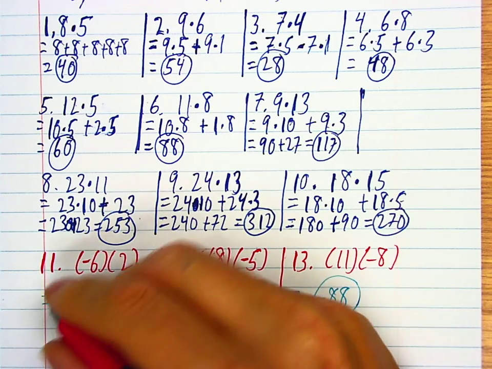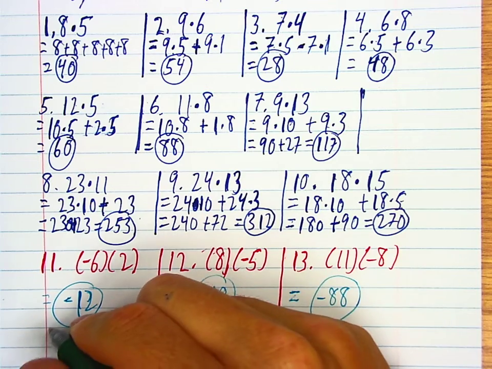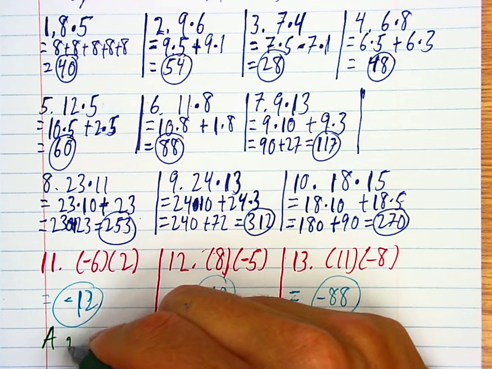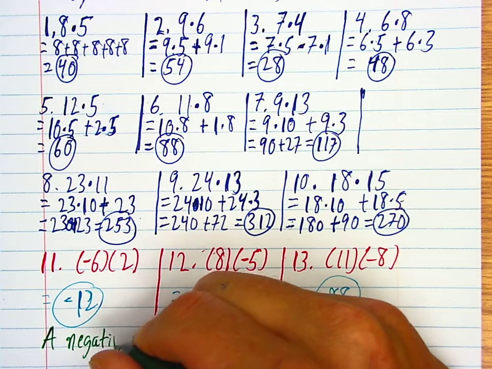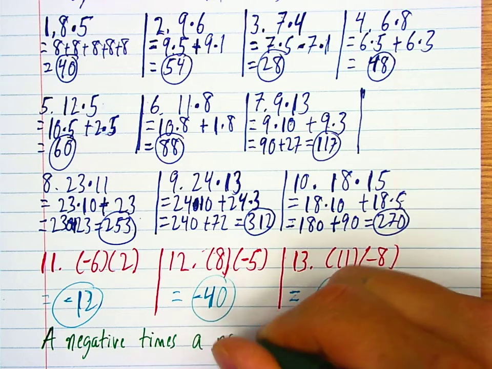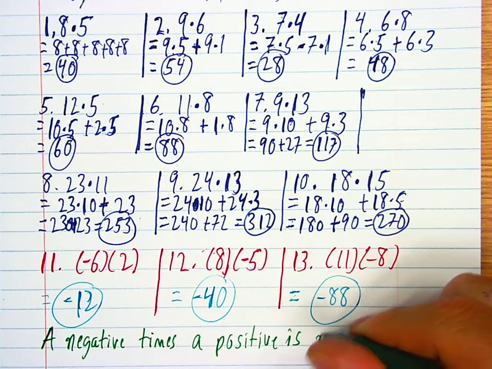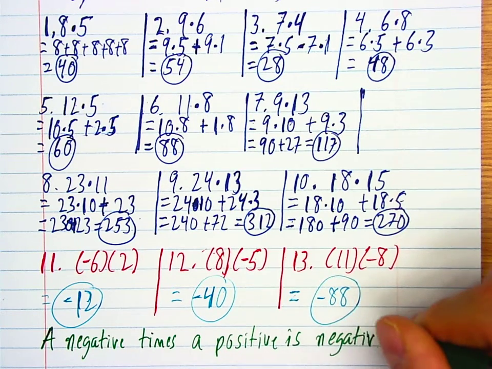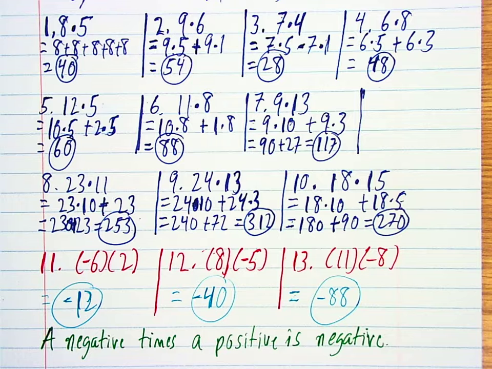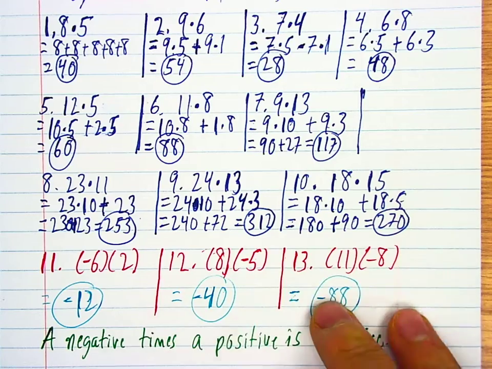So the key concept here with these 3 questions was a negative times a positive is negative, always negative. A single negative times a single positive is a negative product, because it again is like debt, owing 2 people $6, or owing $6 to 2 people.